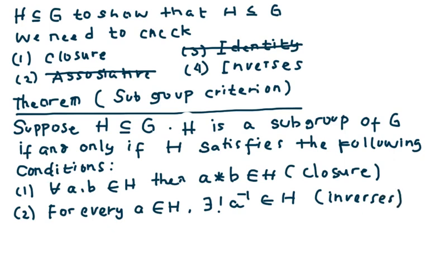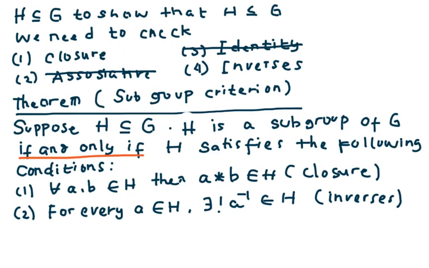So before we use this theorem to show that H is a subgroup of G, I will prove this theorem. So here we have if and only if, so this is two directions.